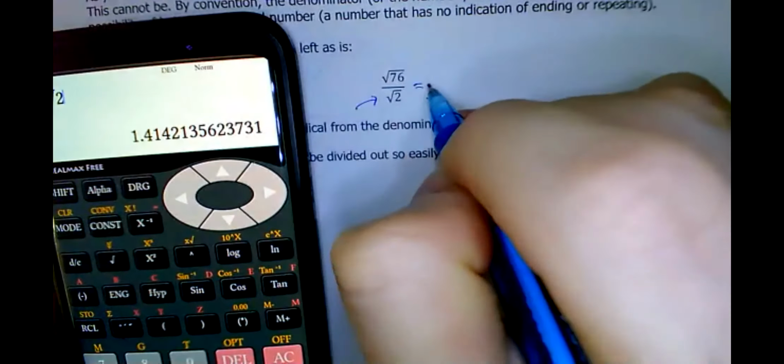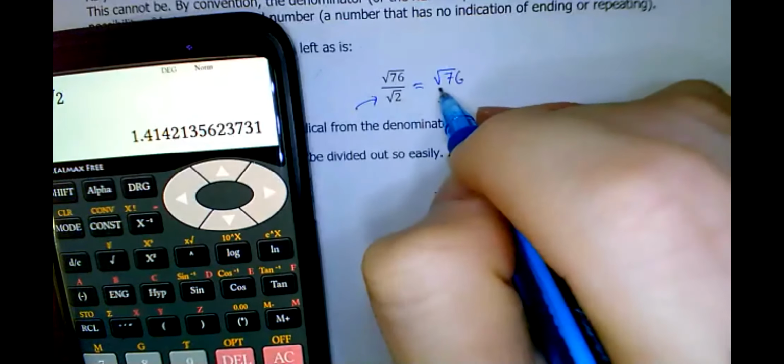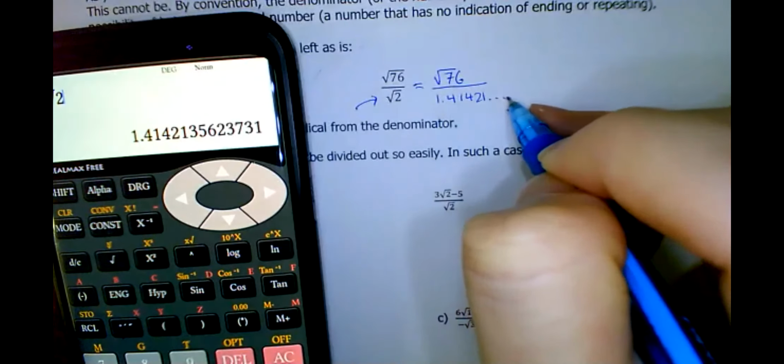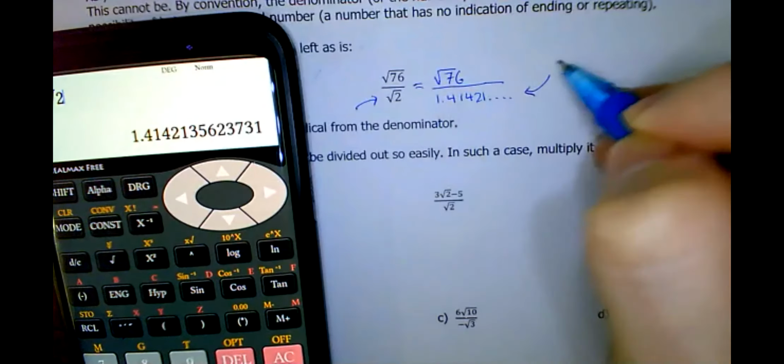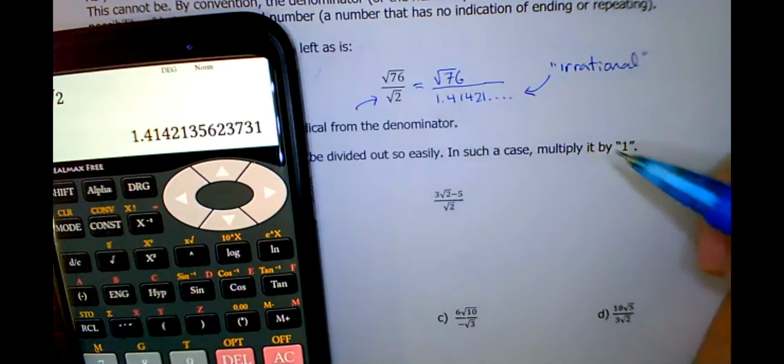So if I were to write this out, square root of 76 divided by 1.41421 blah blah blah. That, as I said before, is irrational. We can't have that.